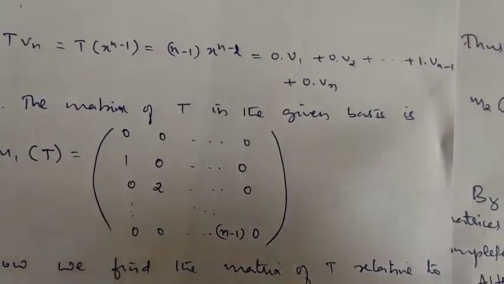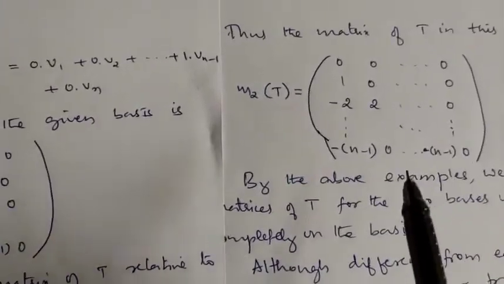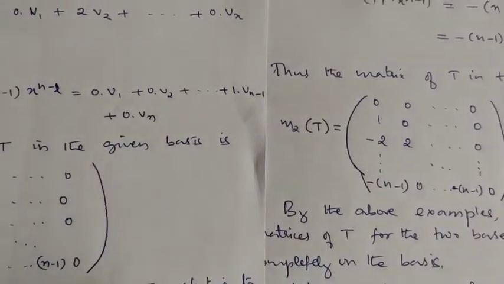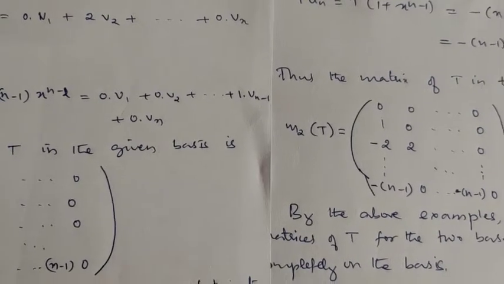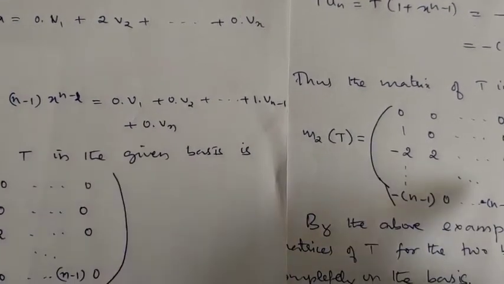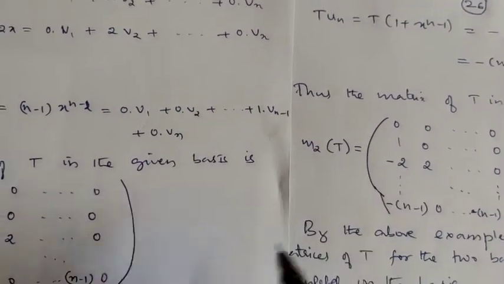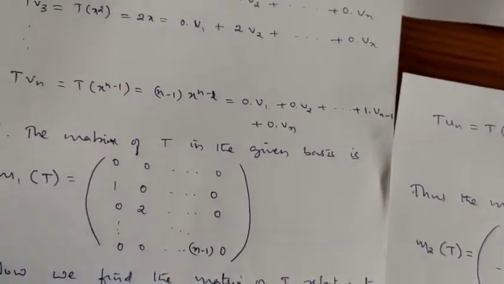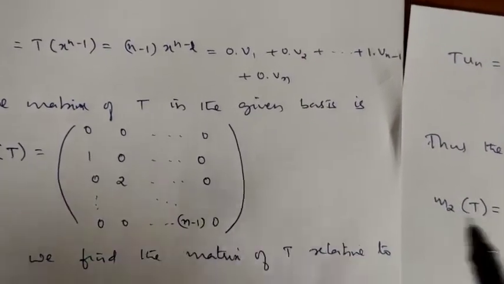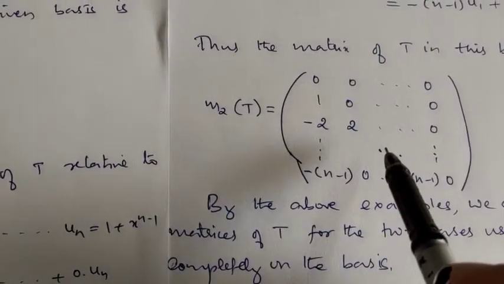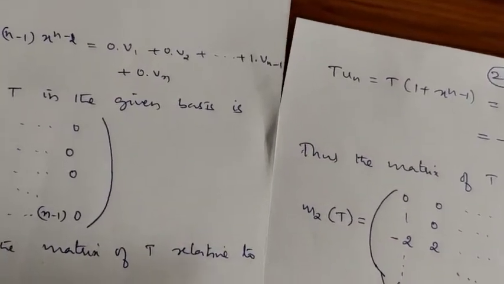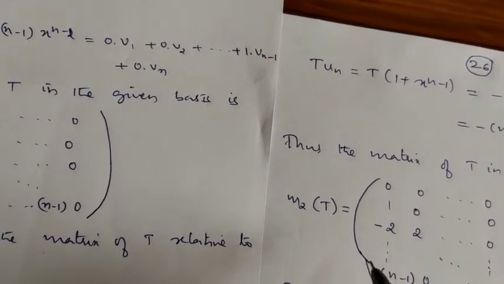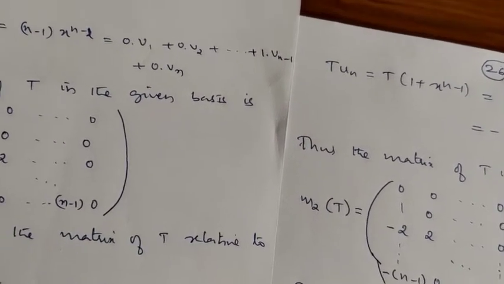Although they look different, they represent the same linear transformation. So there must be some relation between these two matrices. The transformation is the same; only if you change the basis, the matrix of the linear transformation changes, but both matrices represent the same linear transformation. Is there any relation between these? Yes, there is a relation that I will explain later.